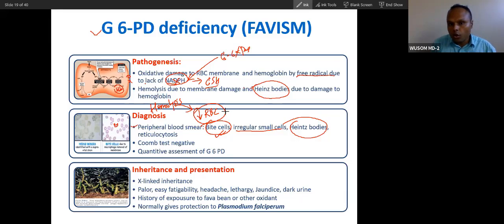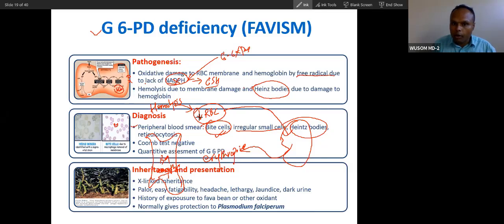Then this low RBC will send a signal to your kidney, because the kidney will secrete erythropoietin because of this low RBC, and this erythropoietin will activate the bone marrow for erythropoiesis. Okay, in that process what will happen?